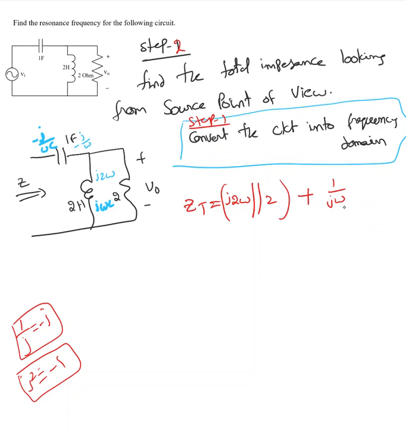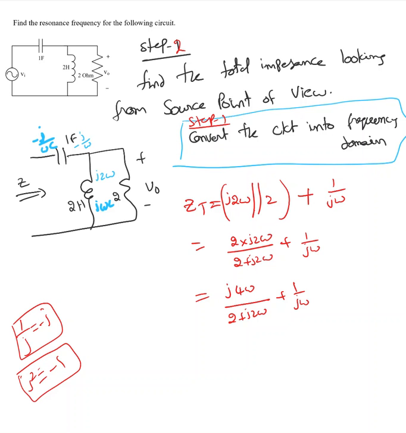I'm going to leave the j in the denominator with the omega. So this part is nothing but 2 times j2 omega over 2 plus j2 omega, plus 1 over j omega. So this whole thing I will end up with j4 omega over 2 plus j2 omega plus 1 over j omega.